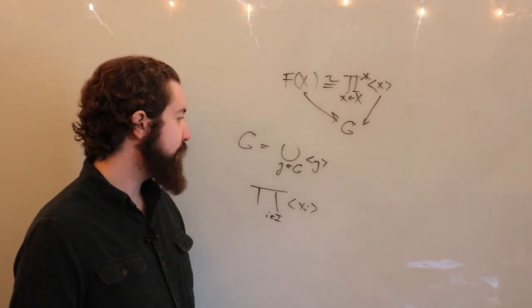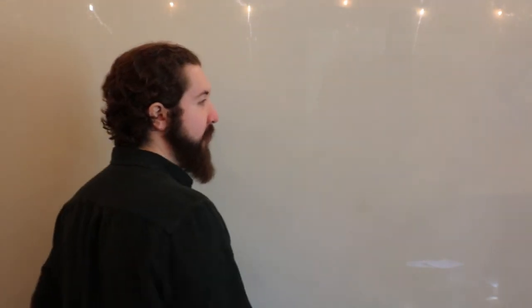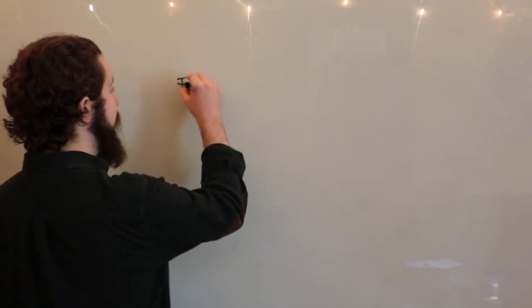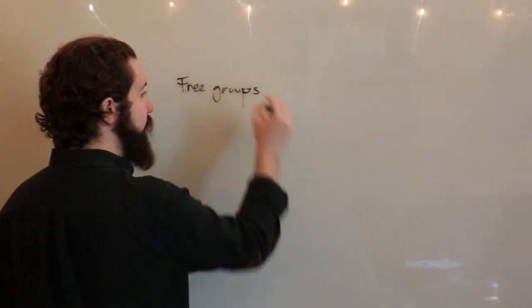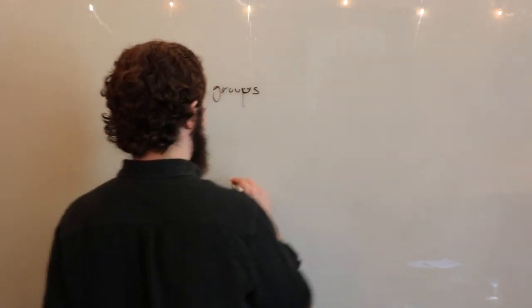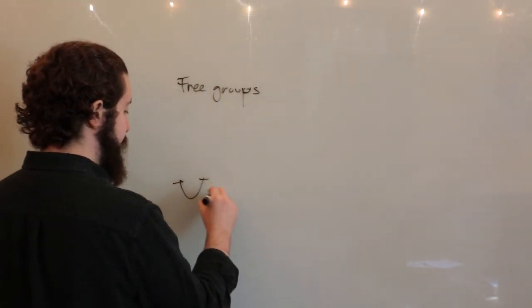The second thing I want to mention is the connection of free groups to vector spaces. Although it's not obvious now, and there are going to be several intermediate structures that are going to be really relevant for this. But we have free groups, and let's put it down here, I guess, vector spaces.